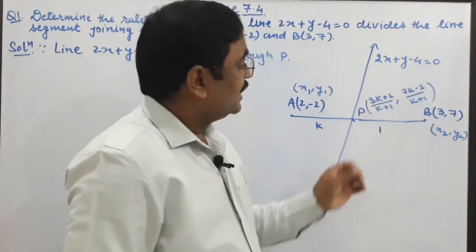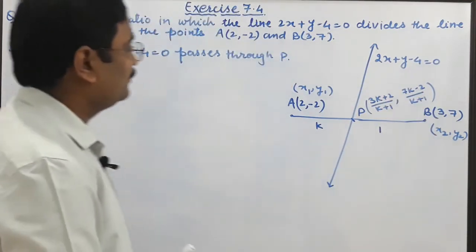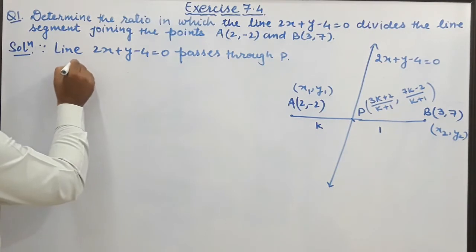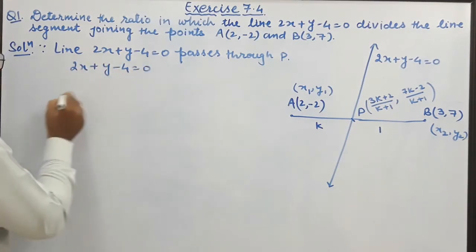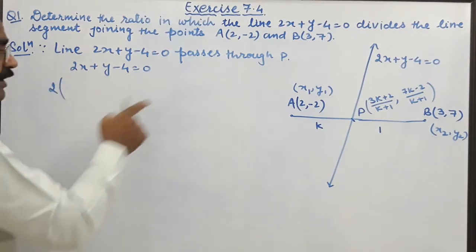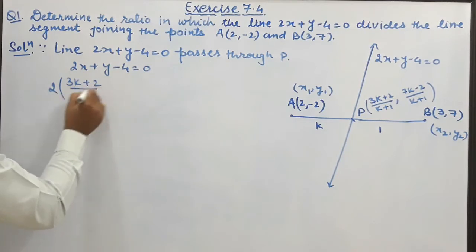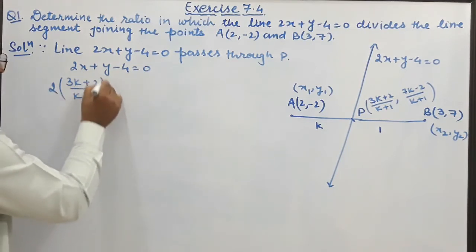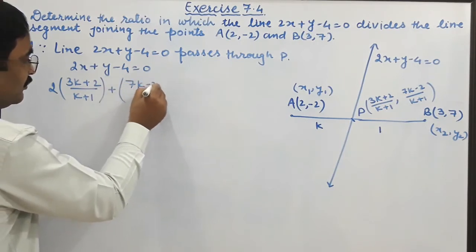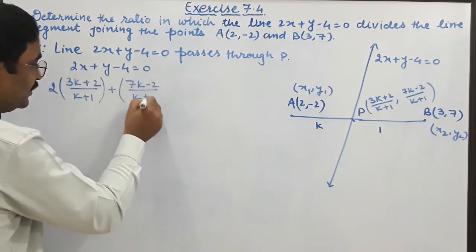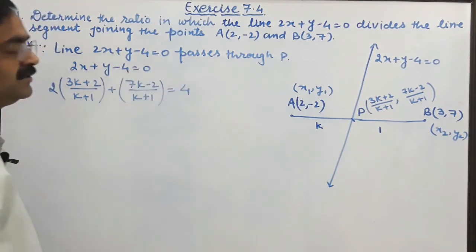It means the value of x should be this and the value of y should be this. Therefore 2x plus y minus 4 equals to 0. It means 2 multiplied by 3k plus 2 upon k plus 1, plus 7k minus 2 upon k plus 1, and this 4 we have taken to the right side.